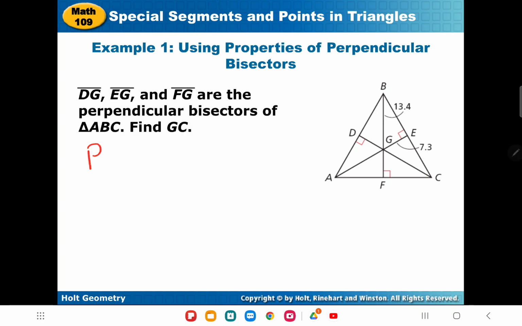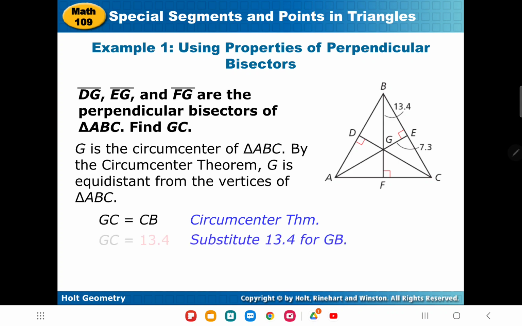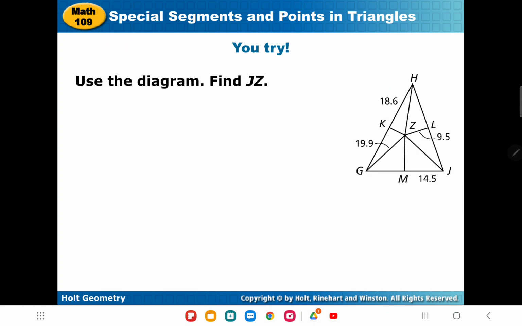We're given that BG has a length of 13.4, and therefore GC and GA must both have a length of 13.4. Again, that's the circumcenter theorem, and by substitution, we get our answer.